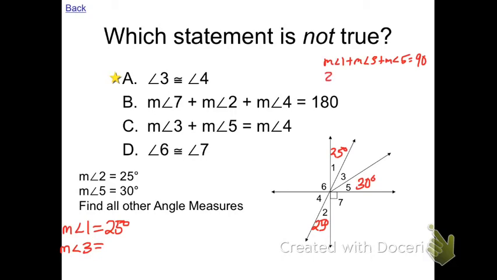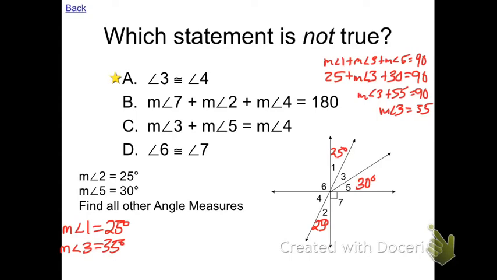And so 25 plus the measurement of angle 3 plus 30 is going to equal 90 degrees. So the measurement of angle 3 plus 55 is 90. Our final answer there is 35. So 35 degrees for measurement of angle 3.